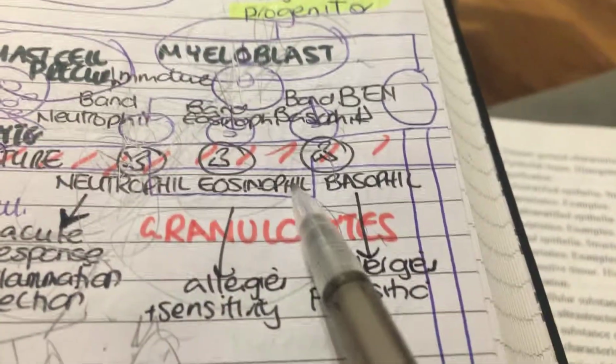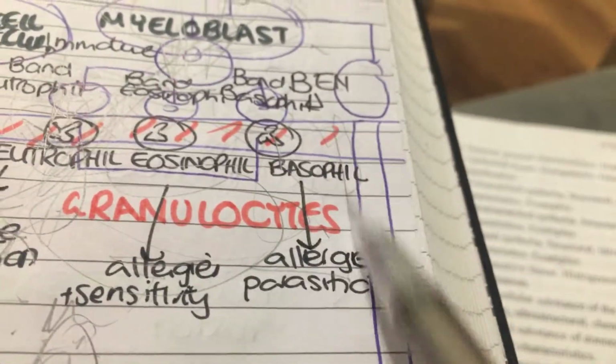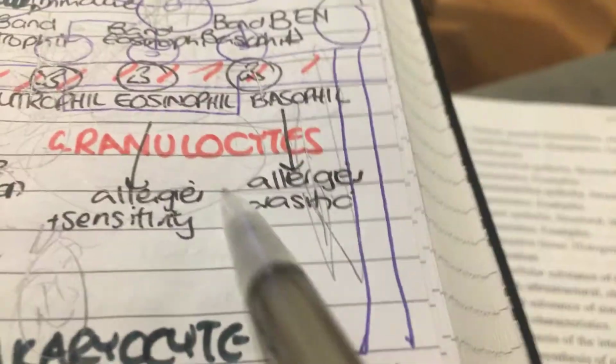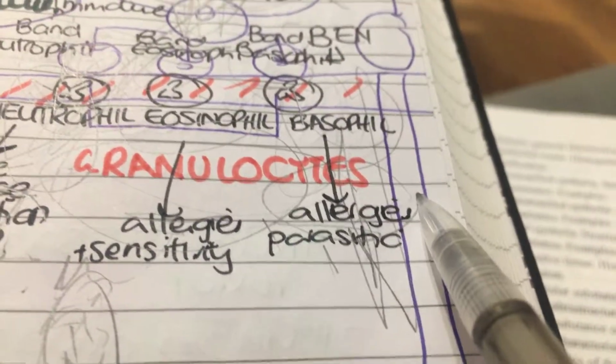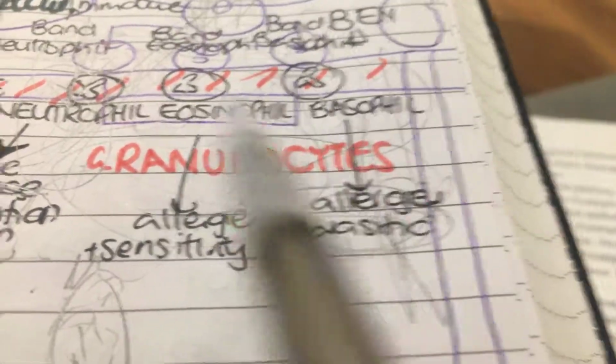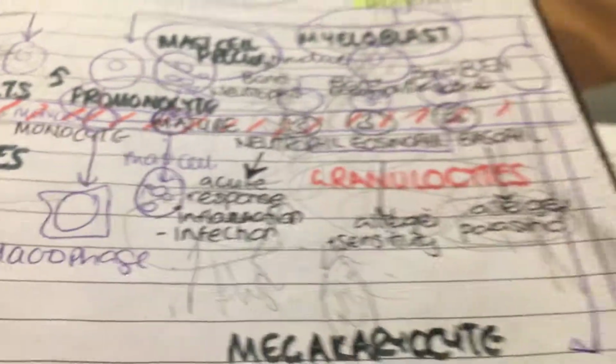Now, quickly, what is eosinophil? Eosinophil is for allergies, basophils are for allergies. Remember that basophils give rise to mast cells, and mast cells produce histamine, heparin, and serotonin. Basophils are with allergic reactions to do with parasitic infection. Eosinophils are with allergic reactions as well, but to do with sensitivity.